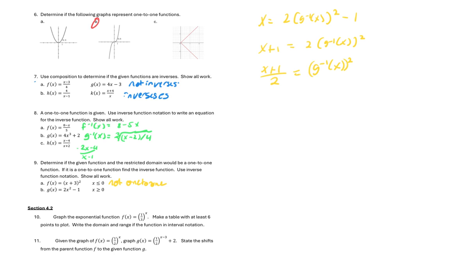Take the square root of both sides. And then we're purposely choosing the positive portion of this because of our domain restriction. And then our domain here is restricted to x is greater than or equal to -1.